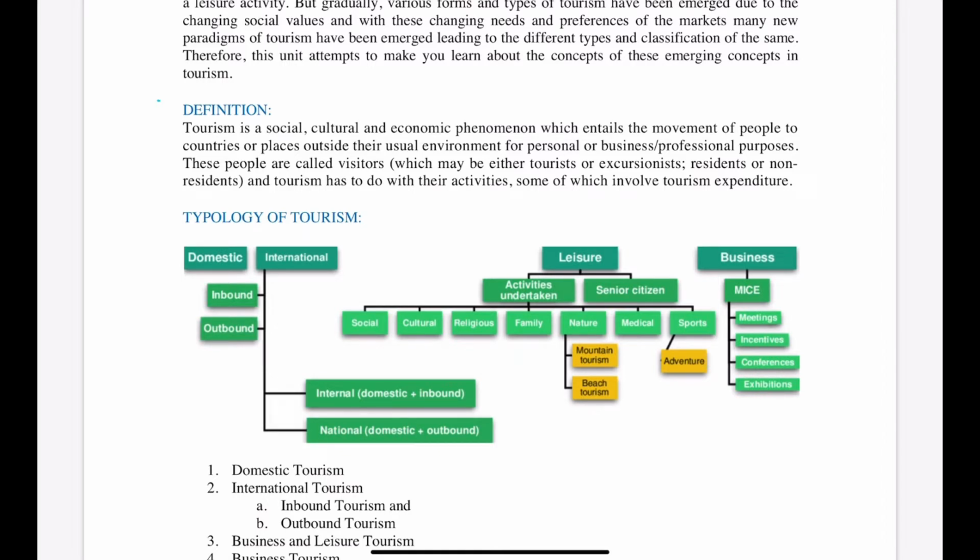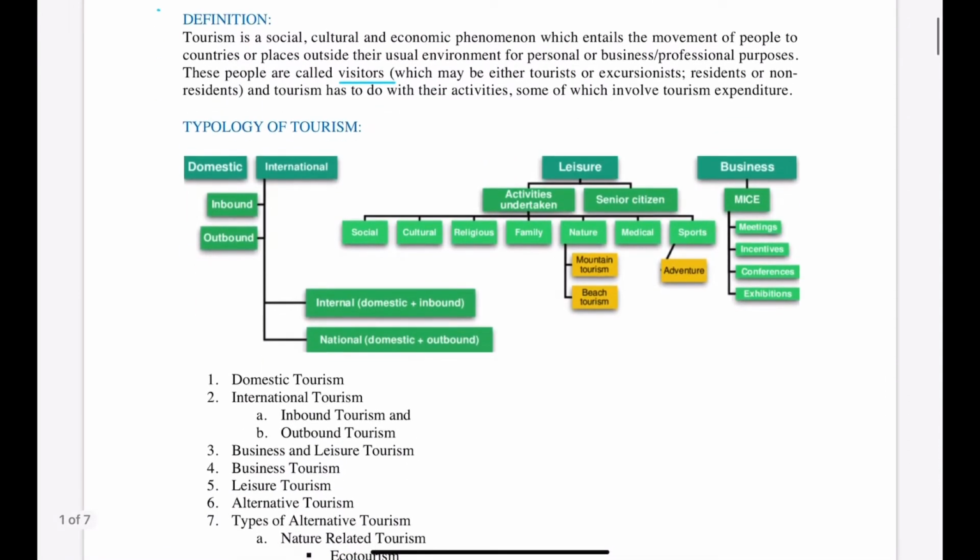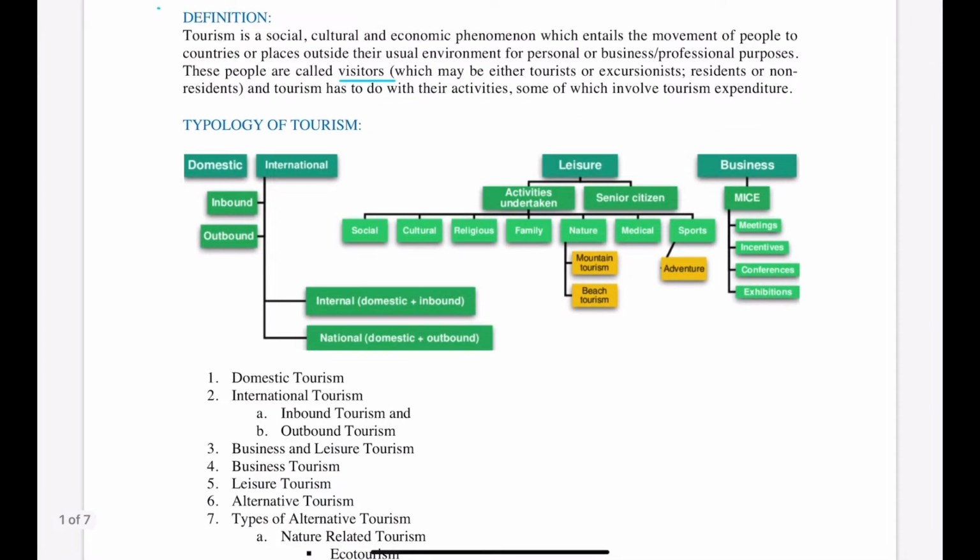That is, tourism is a social, cultural and economic phenomenon which entails the movement of people to countries or places outside their usual environment for personal, business, professional purposes. And these people are basically called visitors or tourists. Now tourism also involves a lot of activities, and some of it also requires a lot of money.